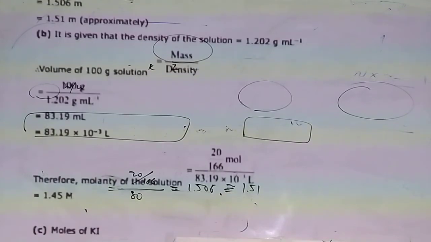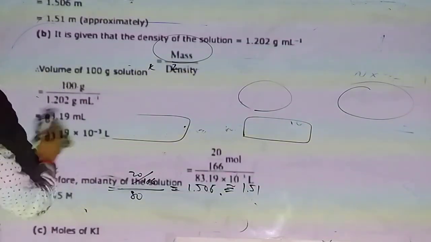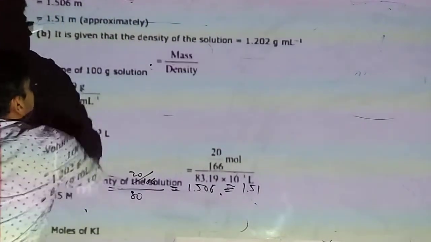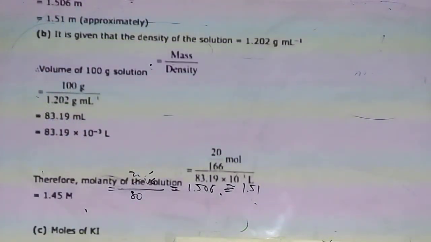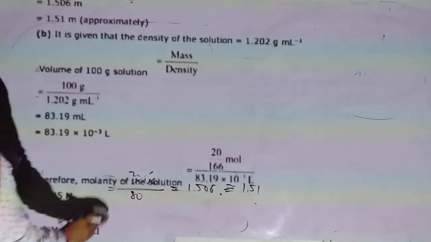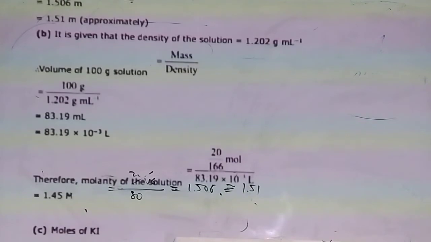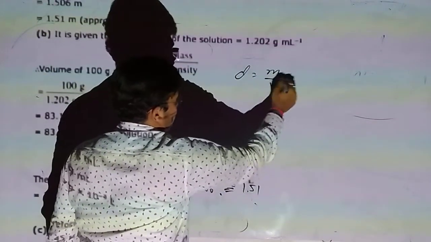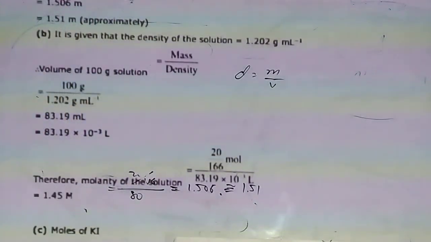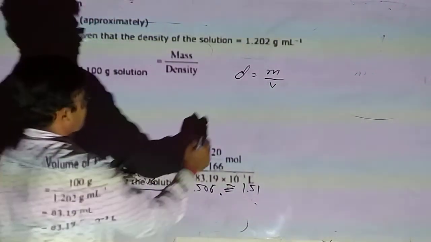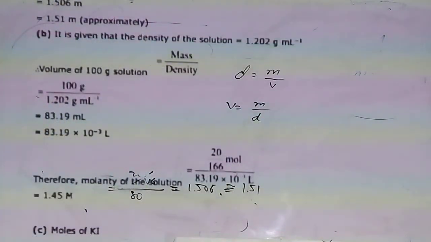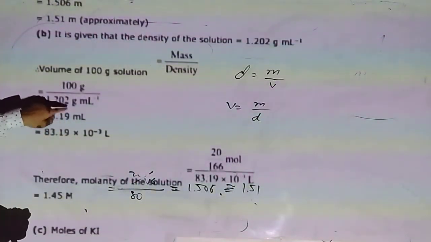Here density is given, so we can directly find the molarity. First, the volume of 100 gram is equal to mass upon density. Density is equal to mass upon volume, so volume is equal to mass upon density. The mass is 100 gram, density 1.202.